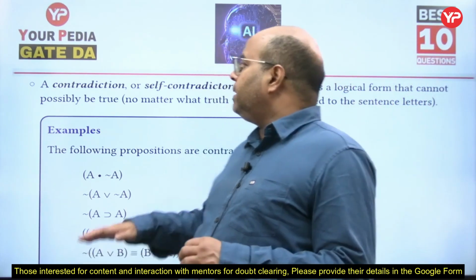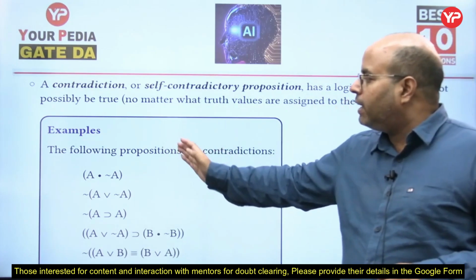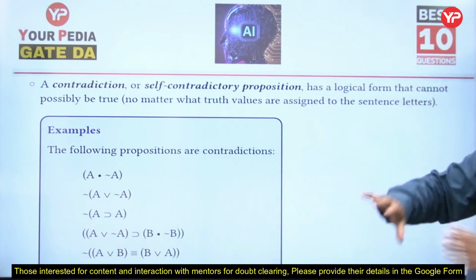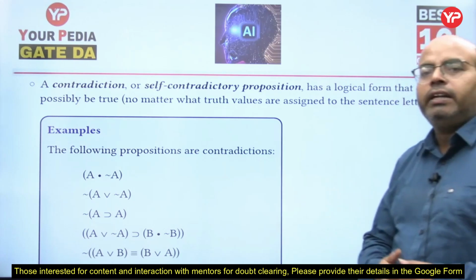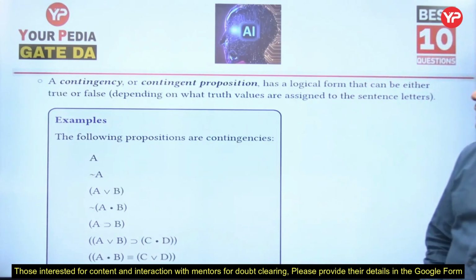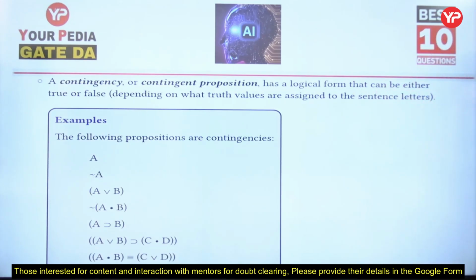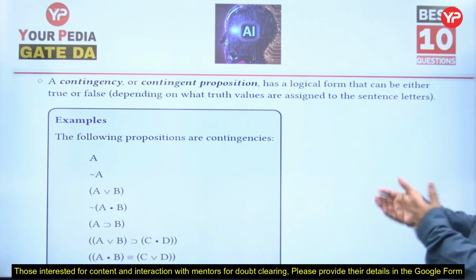But if it's a contradiction, whatever value is assigned to these variables A or B, it will always be negative, wrong. And contingency means it has a logical form that can be either true or false depending on what truth values.